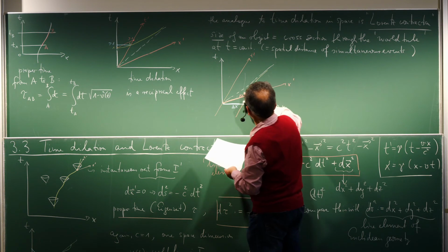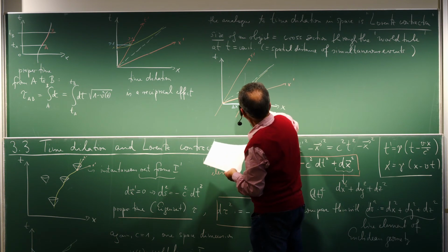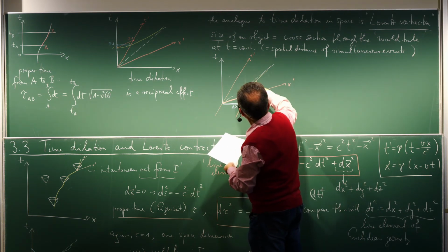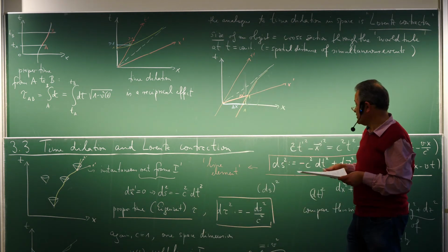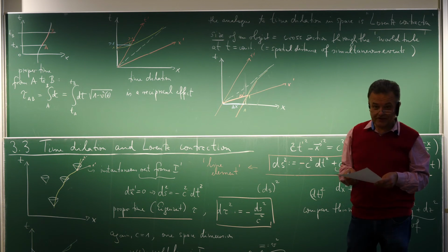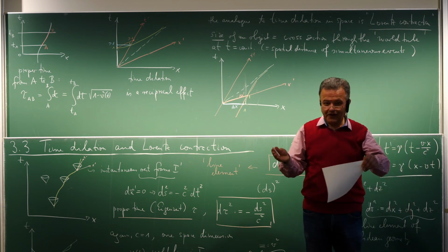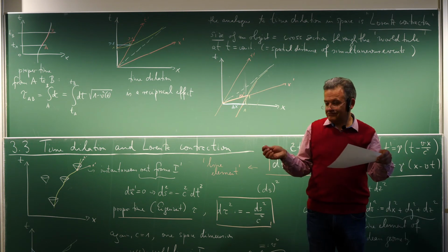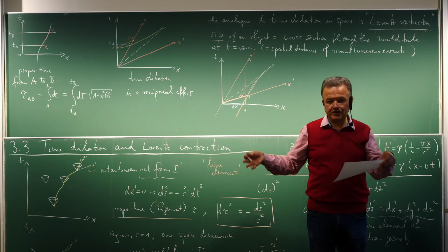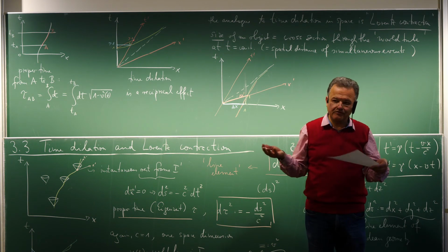Sorry, I mean, if I had something 1 here, then you would also have something smaller than 1 in the red system. So this is again a reciprocal effect. So we have all identical rods, say of 1 meter. They move with respect to each other, and we cannot say who is at rest, of course, it's relative.